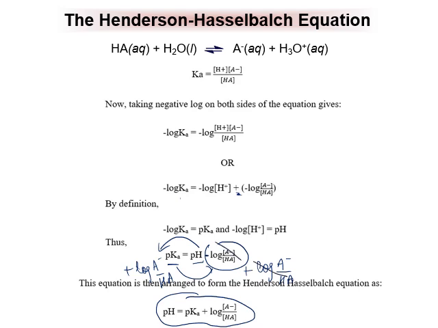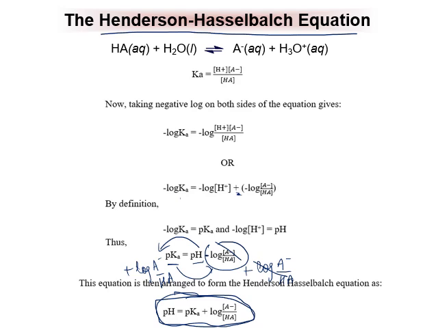So pH is pKa plus log of A minus over HA, and that's what this is. This is the equation that would be the answer to all your questions. If you have this equation, you do not have to use an ICE table in case of buffers. This equation is called the Henderson-Hasselbalch equation.